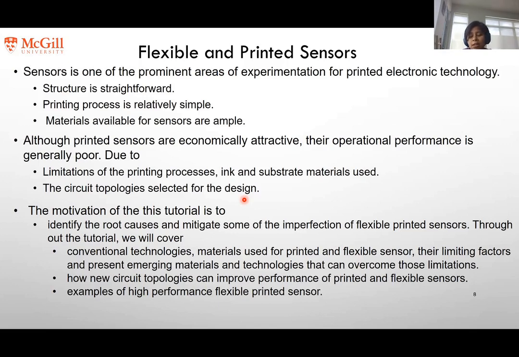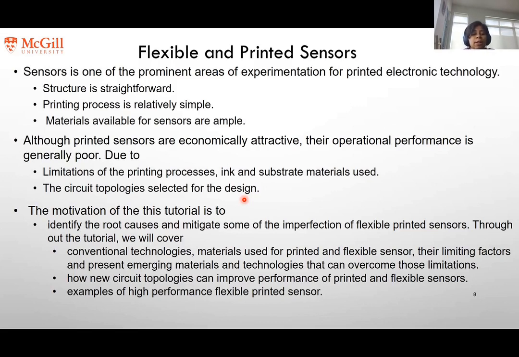So the motivation for this tutorial, or what we're going to do in this tutorial, is to identify the root cause of some of the imperfections in printed, flexible printed sensors. And we'll show how to mitigate some of these imperfections.